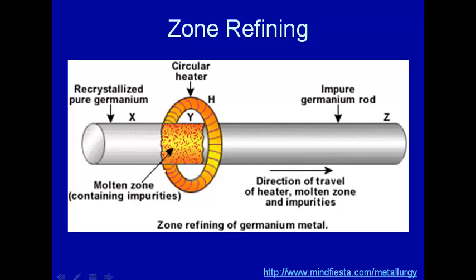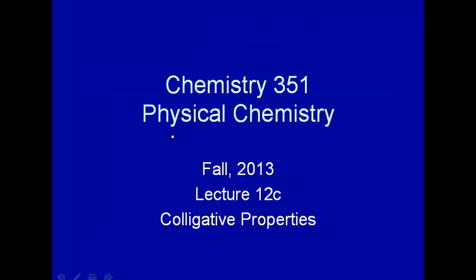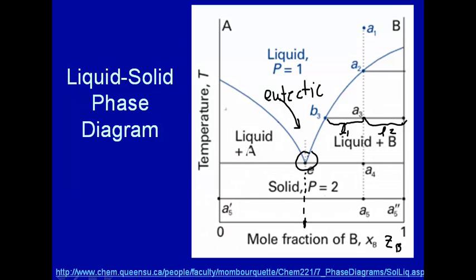So you take this heater, and you pass the rod through the heater. Now, as the heater goes through a particular area of this rod, what you do is you melt it. And then as you push it out, this is still melting, but now you're starting to freeze. And what freezes out first? What freezes out first is pure component.